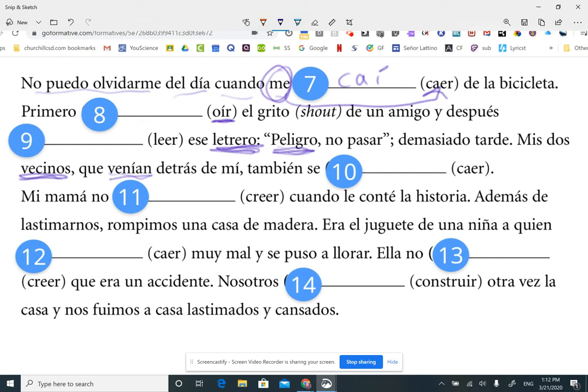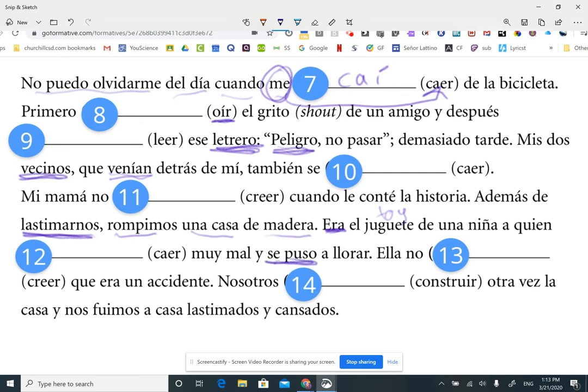Además de lastimarnos, lastimar is to injure. So in addition to injuring ourselves, we broke una casa de madera. Madera is wood, so they broke a wooden house. Era el juguete, this is the ser verb, right? It was, the past tense, it was the toy here, de una niña, a quien, the girl who fell, muy mal, and se puso, so there's our poner verb in the past tense.